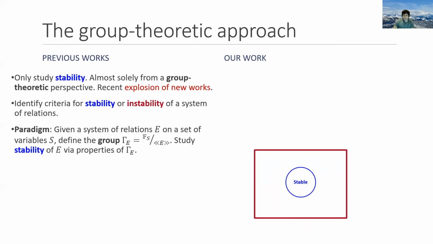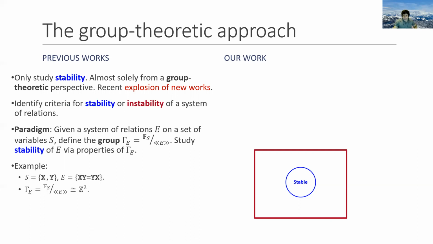Namely, if E is a system of relations over a set of variables S, we define the group gamma E as the quotient of F_S, that is the free group generated by S, divided by the system of relations E. Then we can study the stability or instability of E via properties of this group gamma E.